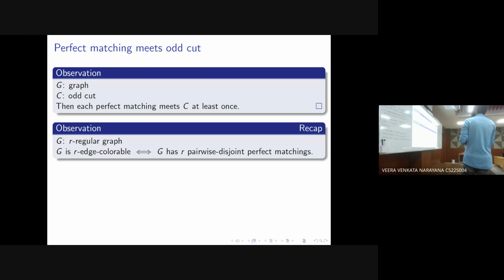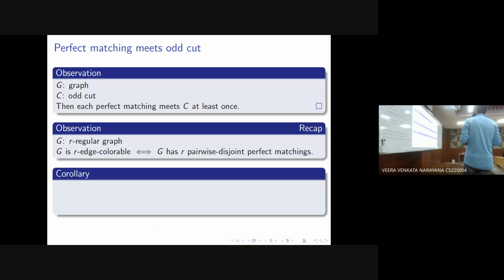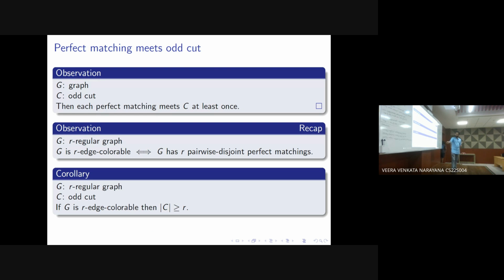So by using this observation, we can conclude the following: if an r-regular graph is r-edge colorable, then the size of each odd cut should be at least r. If you have a small odd cut, then clearly it can't be r-edge colorable by these two observations. So this is a necessary condition.